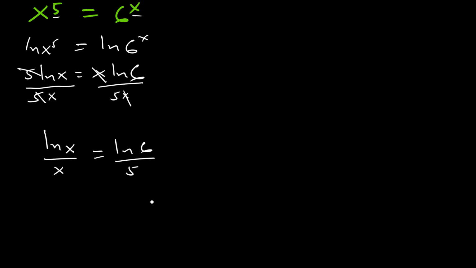Okay. Now I want to apply the Lambert W function here. So m times e to the power m. When you take the Lambert W function here, you get m.